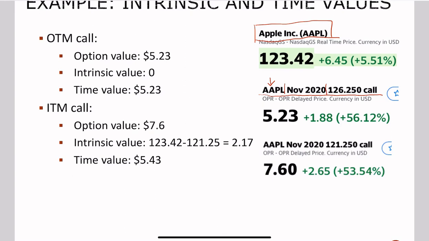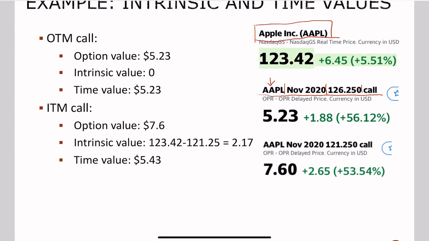And you would wonder, why is there no date? Well, because by convention, the third Friday of each month is the option's expiration date. So basically, the exact expiration date for this call would be the third Friday of November 2020. So the date is removed.